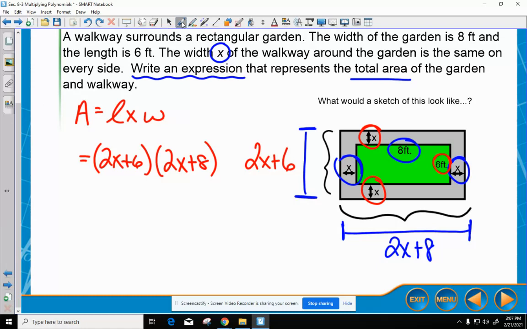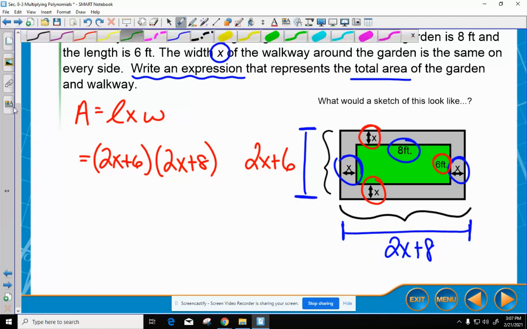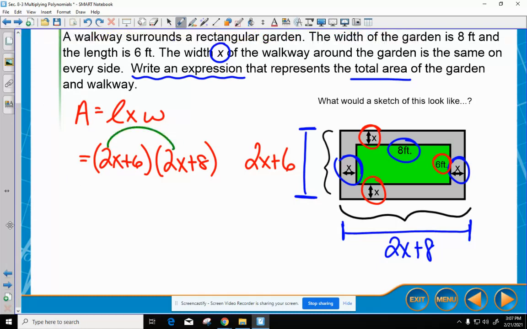So remember, FOIL: first, outer, inner, last. First: 2x times 2x would be 4x squared. If you have not tried this before pausing your video, please pause your video before you try to do this in your notes.